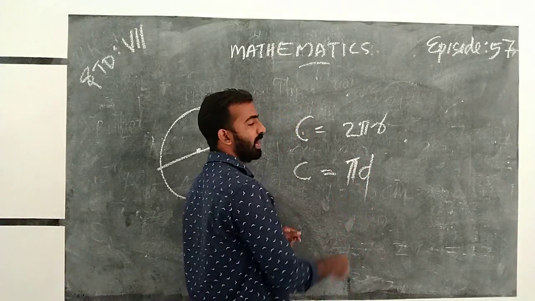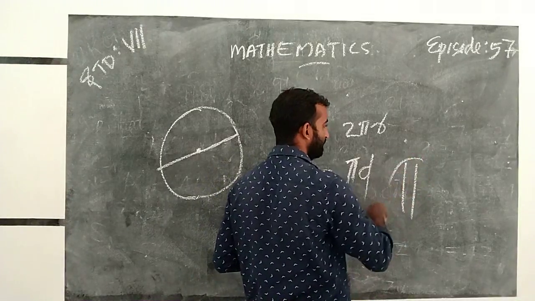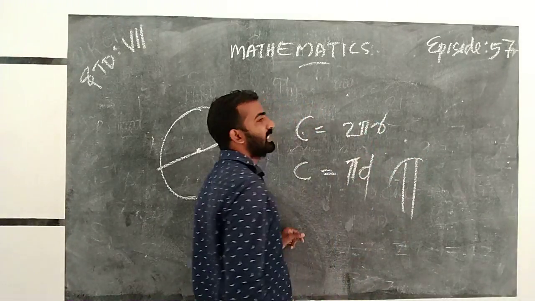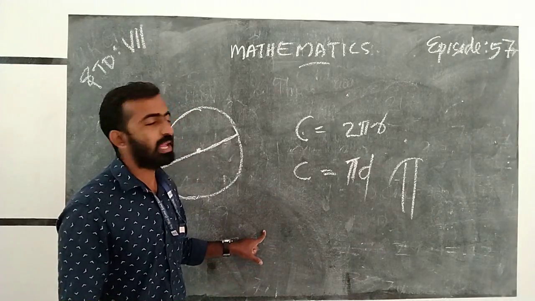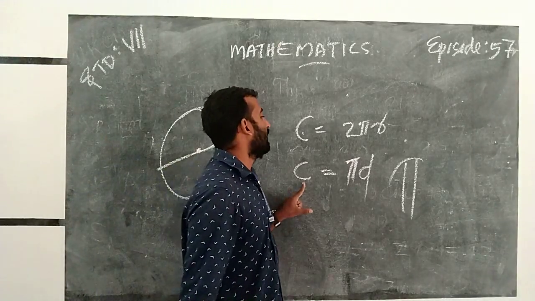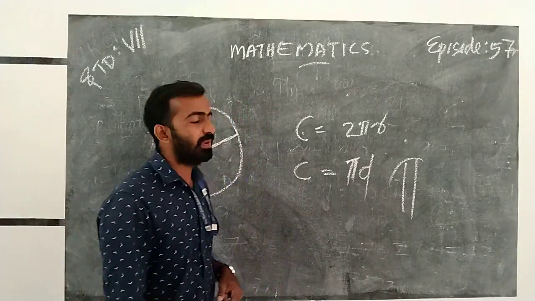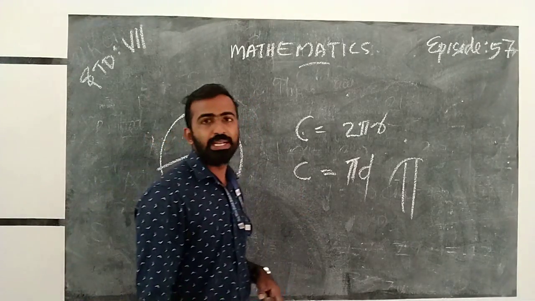That is, when the radius is given, we take the circumference as 2 pi r, and when the diameter is given, we take the circumference as pi d.